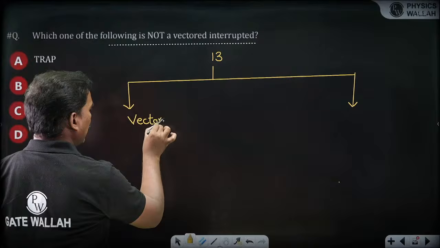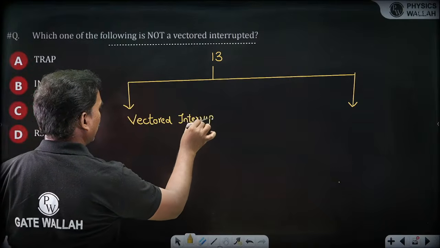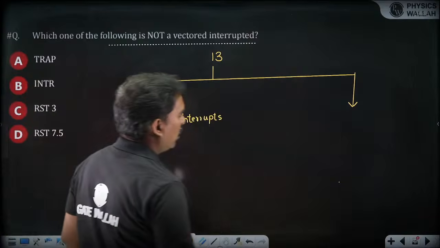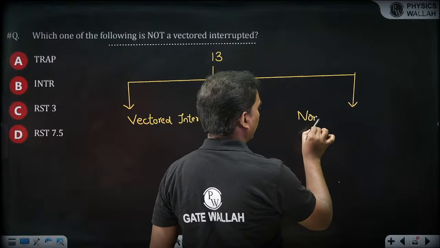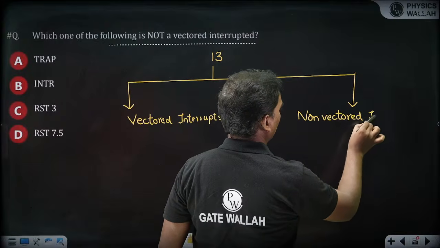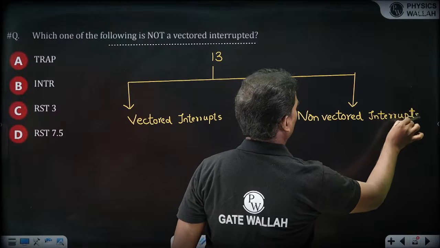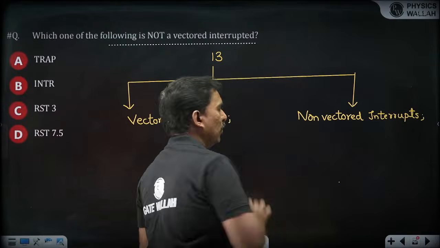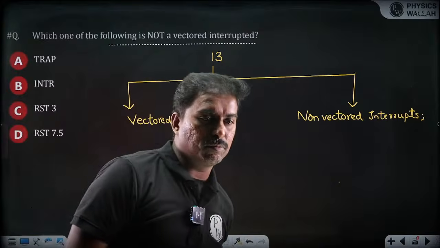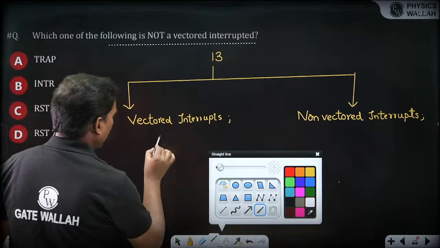Vectored interrupts means which are having certain direction. Another one is non-vectored interrupts. In these vectored interrupts, what does vector mean?